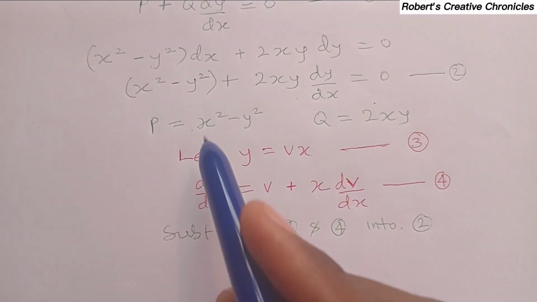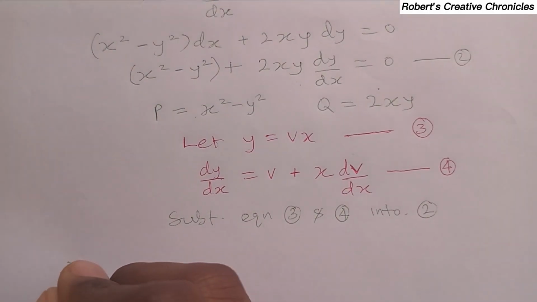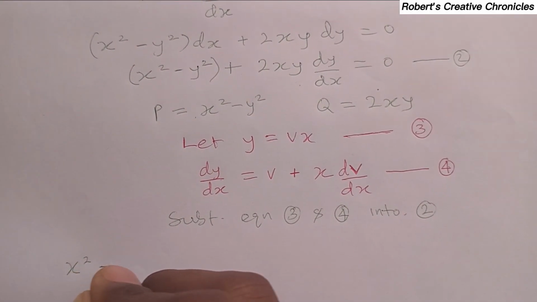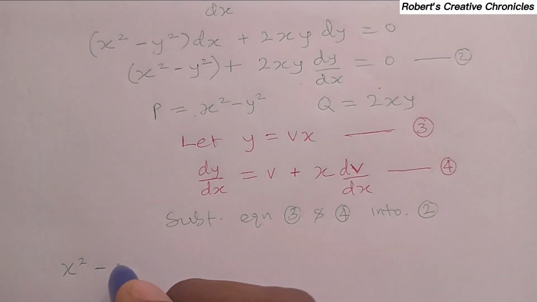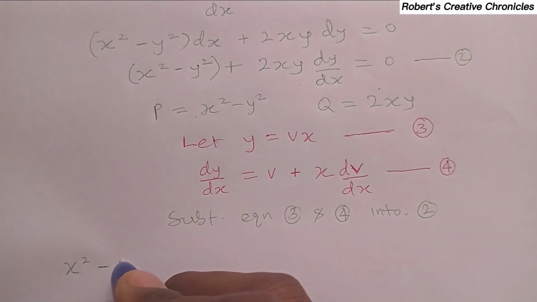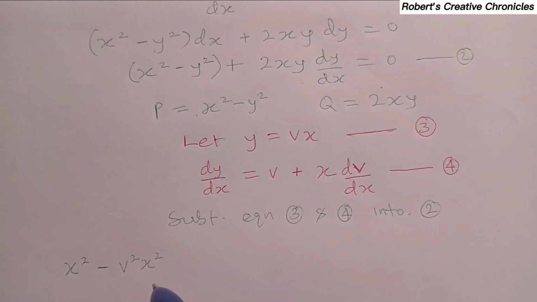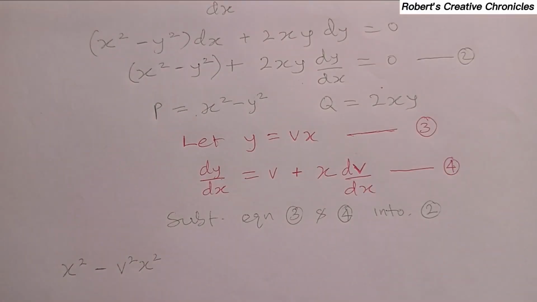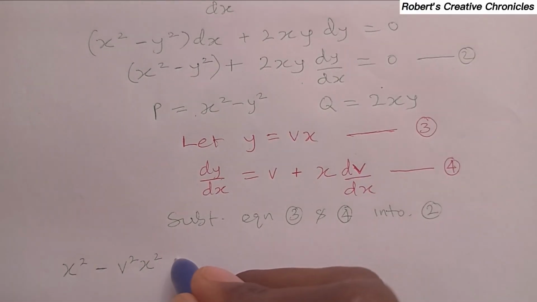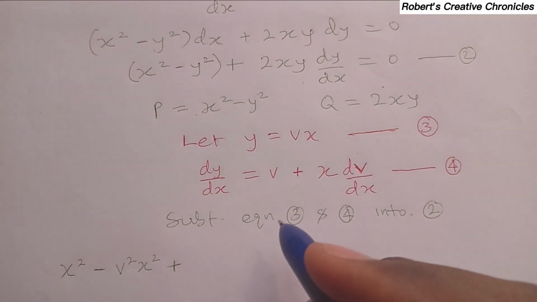So here's the equation. x squared minus vx all squared, but let me open it. It will be v squared x squared, since it's vx all squared. Then plus 2xy.